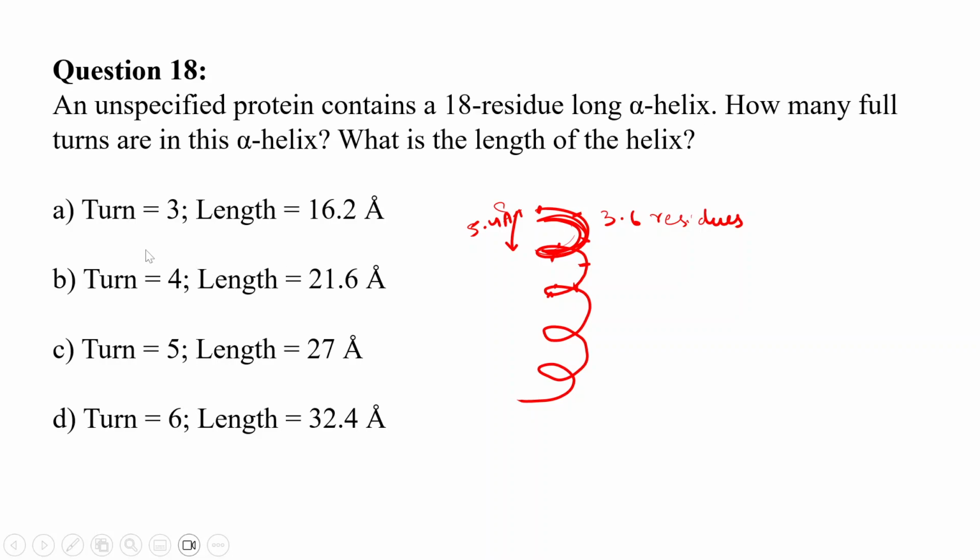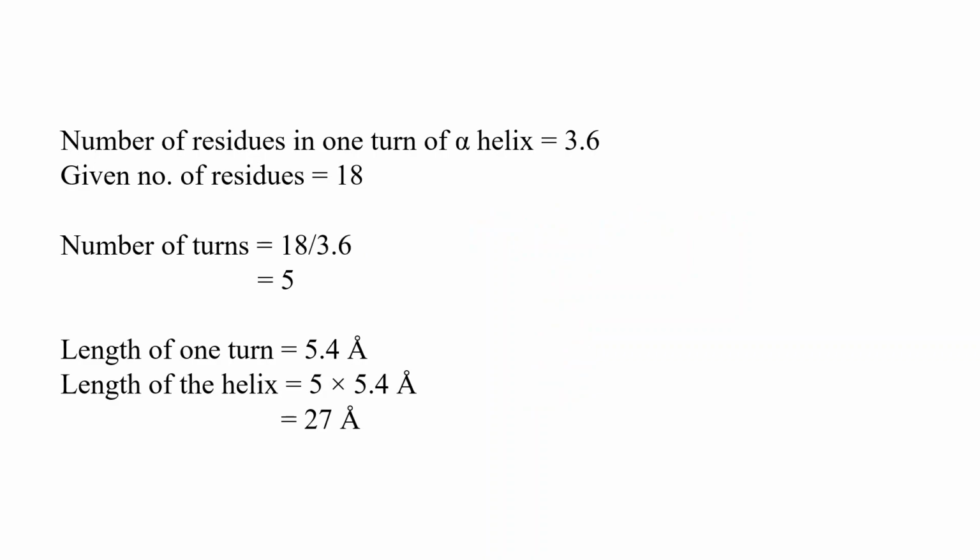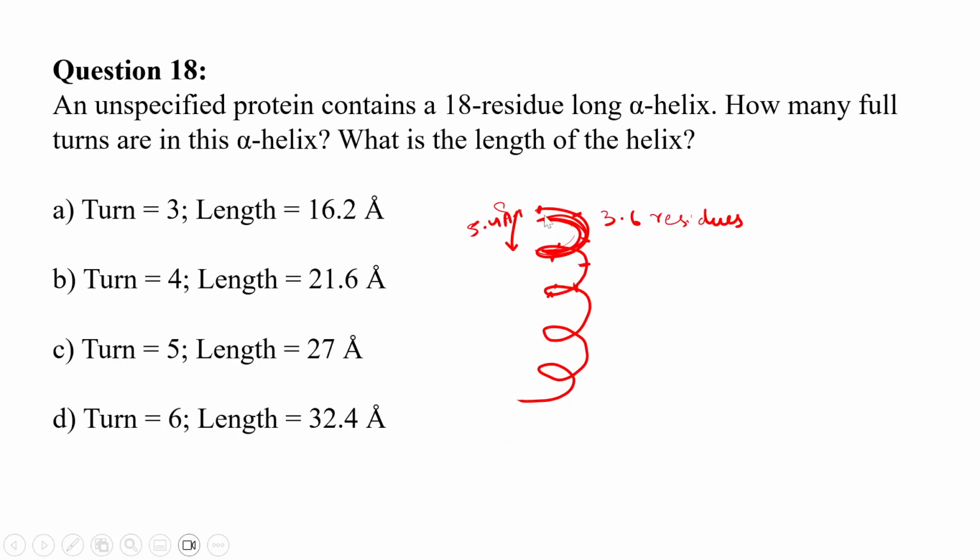How many full turns are there in this alpha helix, and what is the length of the alpha helix? To answer the first question, I have told you in one turn there are 3.6 residues. So 1, 2, 3, and the fourth residue comes in the second turn. So 3.6 residues come in one turn.